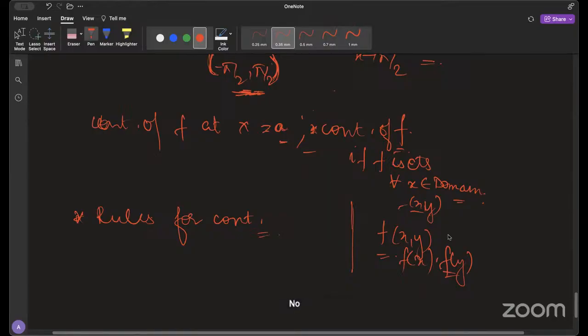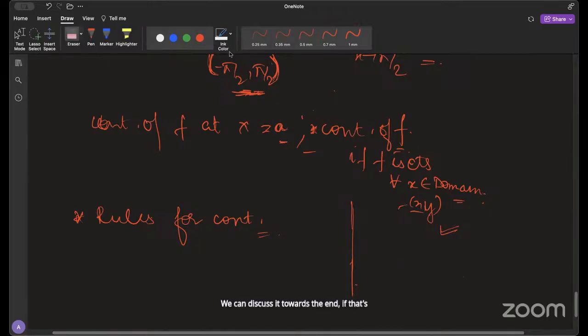No, ma'am, this question was one of the PYQs. Actually, in the last PYQs, I think week 9 was also there, but week 9 and week 8 were combined equally. If this is a function question from week 9, I don't think this is the place to discuss it now. Okay, ma'am. We can discuss it towards the end if that's okay, because it's not in week 8.